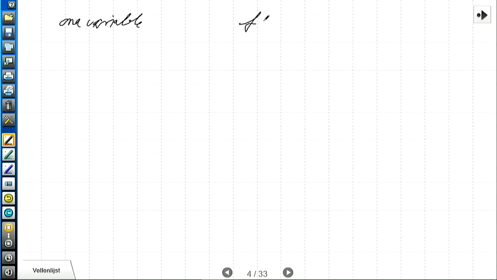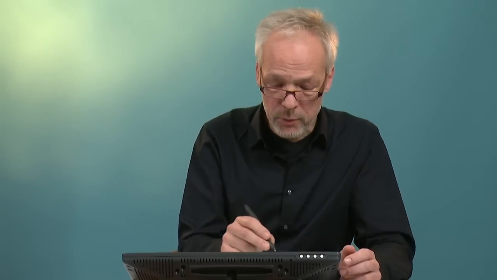So I have something like f of x, right? Now the question is, how to optimize that? What was the algorithm? So one variable and we have no constraint, which means x may wander freely, right? So what was the algorithm?